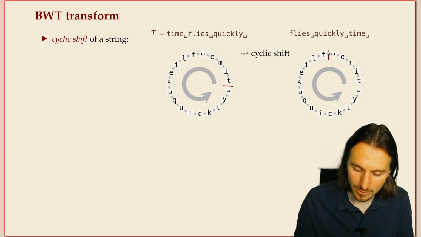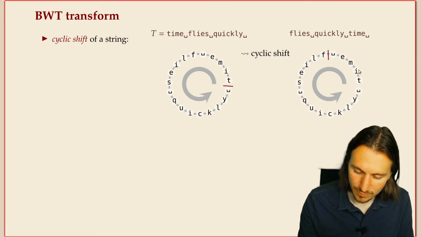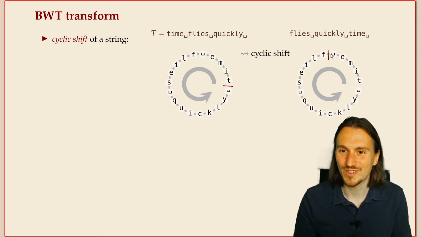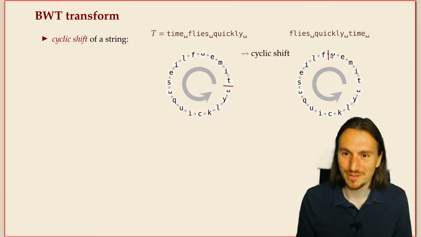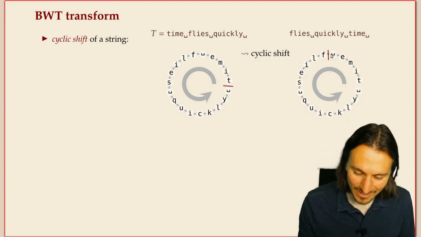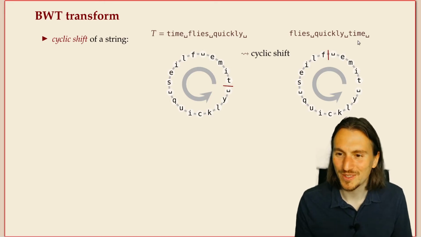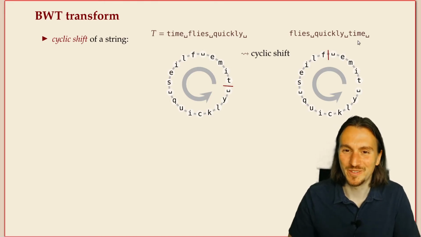I can move the starting position to some other point, and then I start reading the text from here. That's a cyclic shift. Cyclic because it's on the circle. I think it's intuitive enough. And so one cyclic shift of this string is flies quickly time. Not sure if that's a sensible sentence, but it's the best example I could come up with.